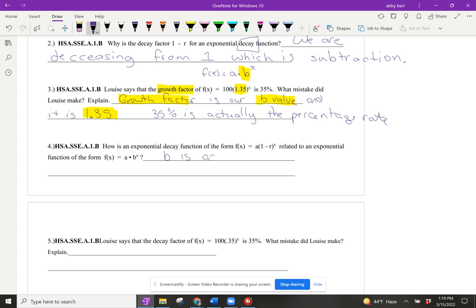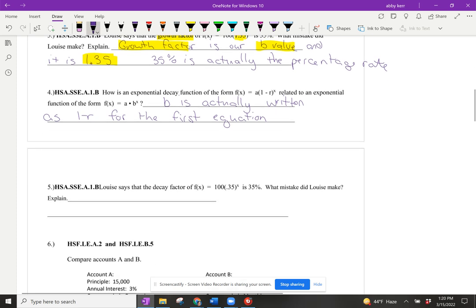B is actually written as 1 minus r for the first equation. So it's kind of more in depth. The 1 minus r shows you more specifically what the b value came from.